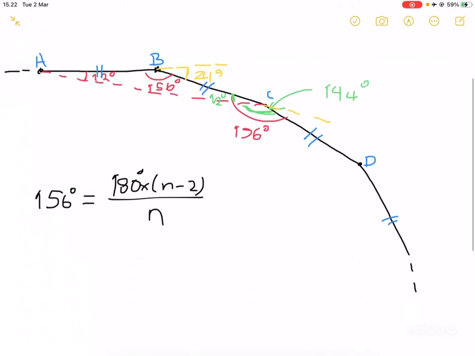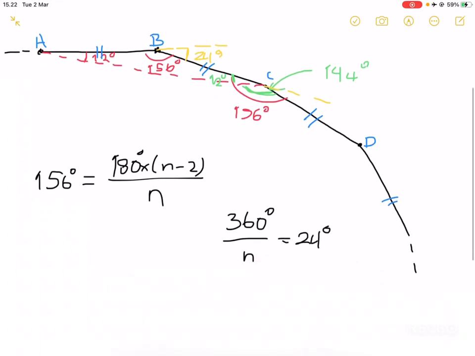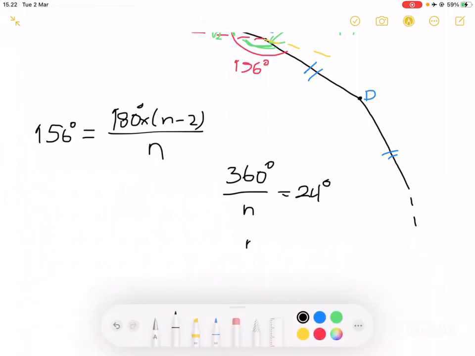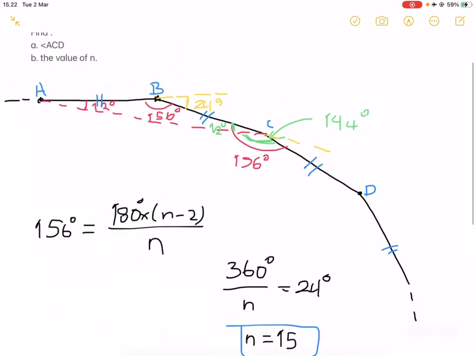So with this, we can use the formula for the size of each exterior angle in a regular n-sided polygon, which is 360 degrees over n. And since we know this is 24 degrees, quickly solving this, we get that n is equal to 15. So in fact, this polygon has 15 sides.